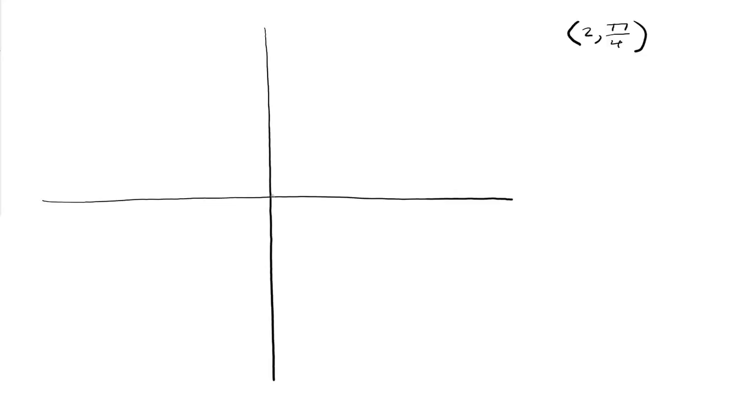So in the case of pi over 4, I've got my pi over 4 angle, measuring it here. So this is the terminal side of the angle, so that is the positive axis. The negative axis is going to be, just like it is on the xy axis, 180 degrees in the other direction. So the negative axis is going to come out this way, and this would be the negative axis.